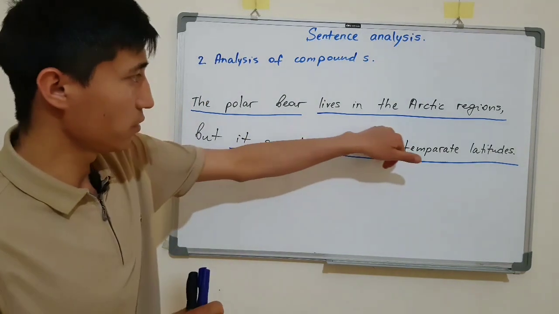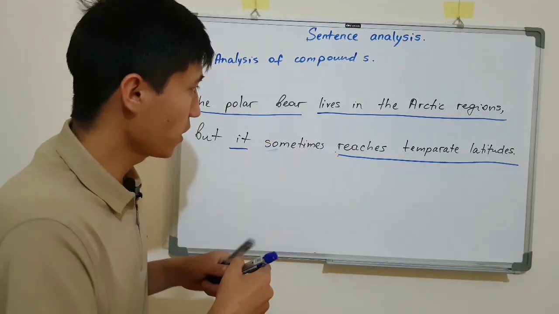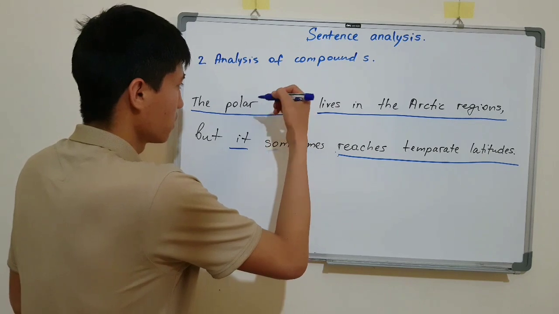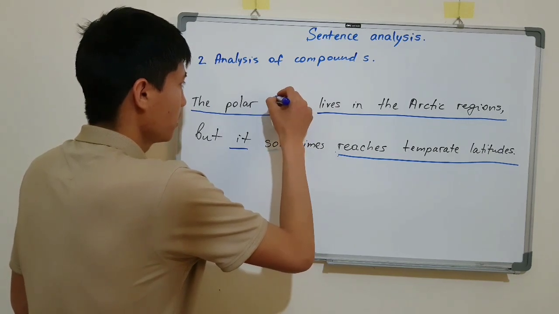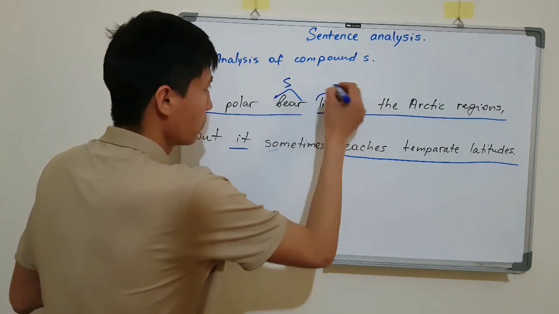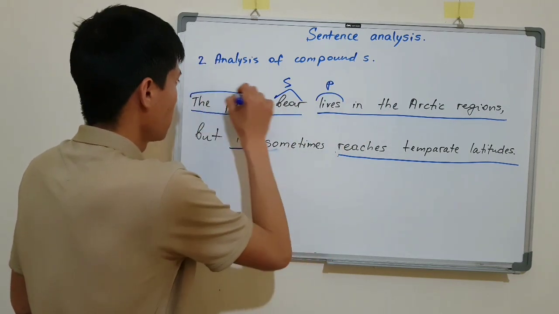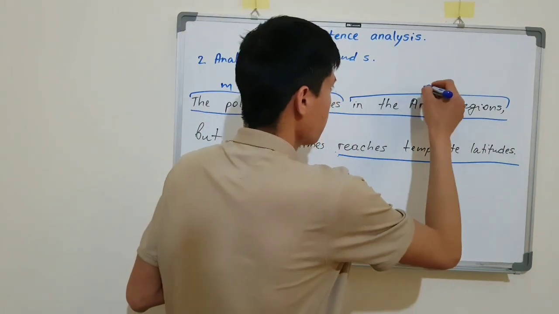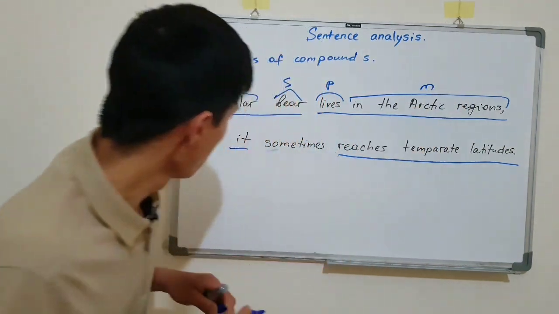You know, the first part of the sentence is the analysis of the simple sentence. Bear is the subject and lives is what? Predicate, and they are modifiers of the subject and modifiers of what? Predicate.